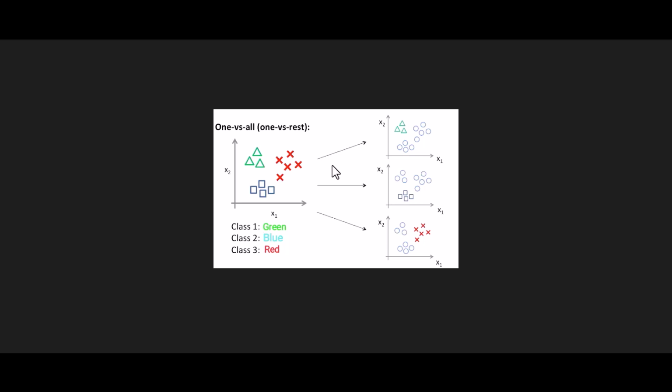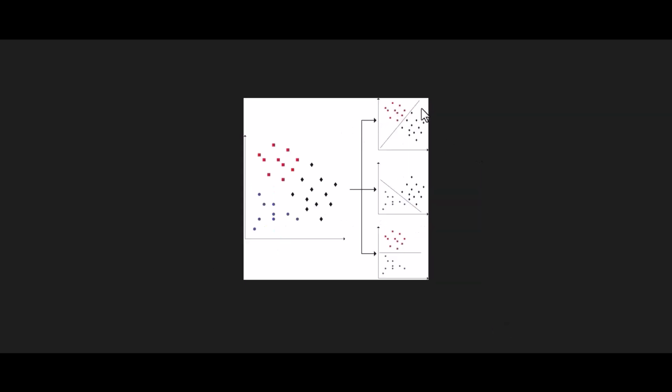This is one particular method, and another method is 1 versus 1, where we create classifiers for each pair of classes. So the total number of classifiers will be n into n minus 1 by 2. In simple words, let me show you another example. Here you can see for each pair of classes, the square versus diamond for a particular class, the circle versus diamond for a particular class, and another scenario.